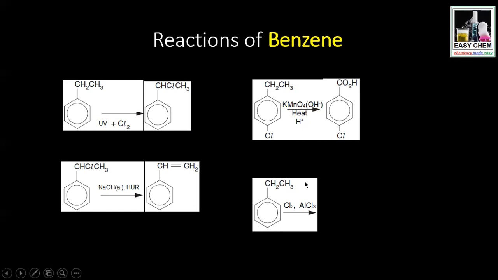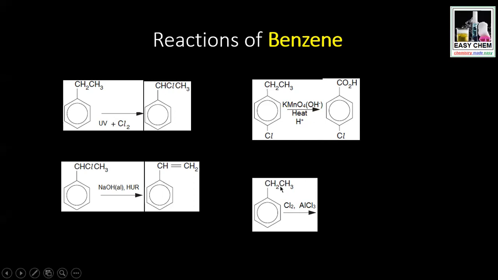Now we go to the last one. We have CH2CH3 group attached to benzene ring. Now the reagents and conditions we are using are chlorine and aluminum chloride. This combination is to add a chlorine atom into the benzene ring.